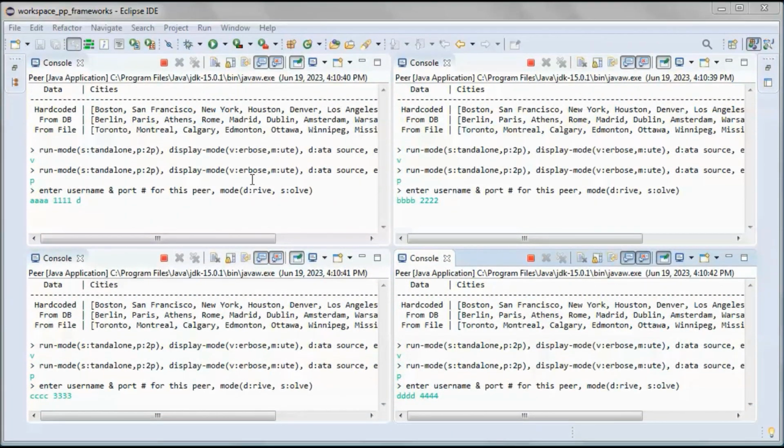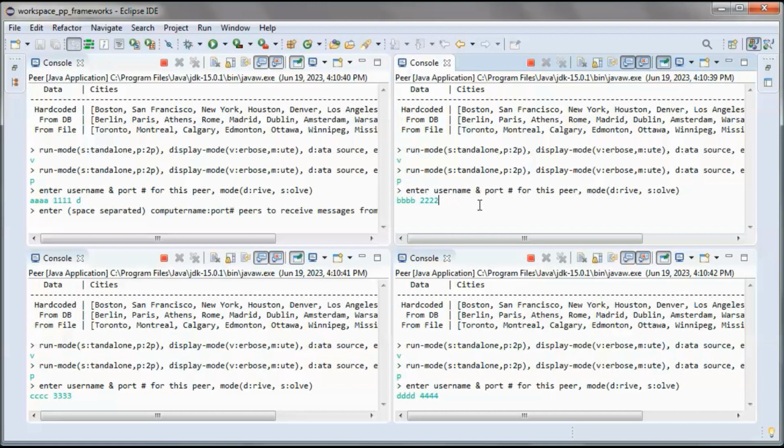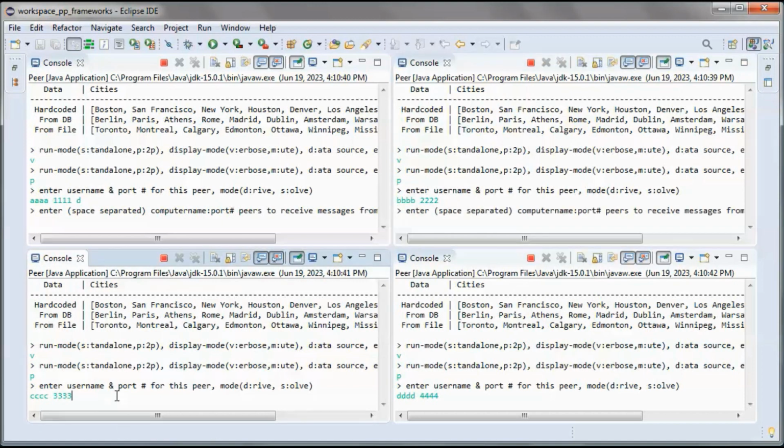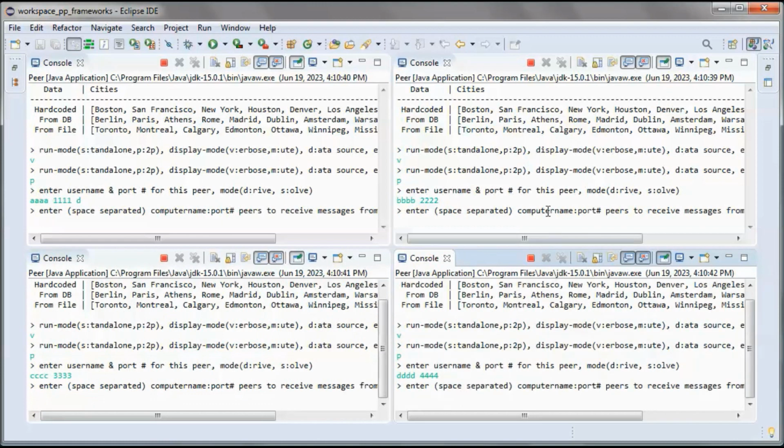And just to show the permutations on each one of the peers that are trying to find the shortest route, I have 4 peers here. This is a driver peer, and these are the 3 peers that are trying to find a solution.